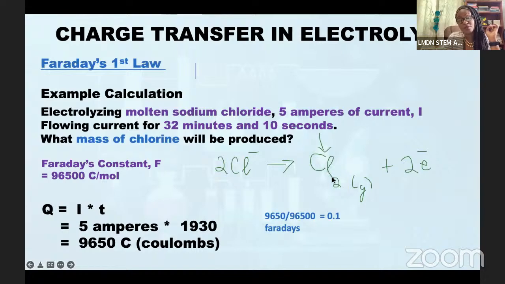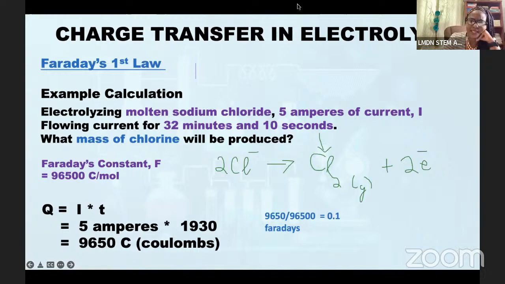Because over here it is negatively charged, to get back to that neutral state, it has to lose those electrons that it gained. It ends up being 2 electrons because you have 2 negative charges, so it loses 2 electrons to enter this neutral state again.